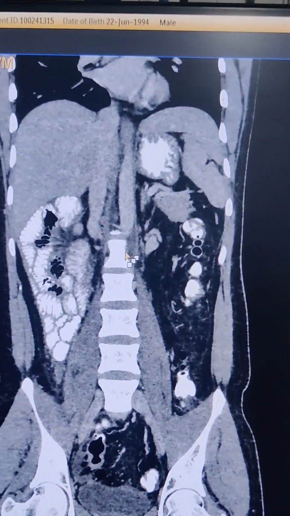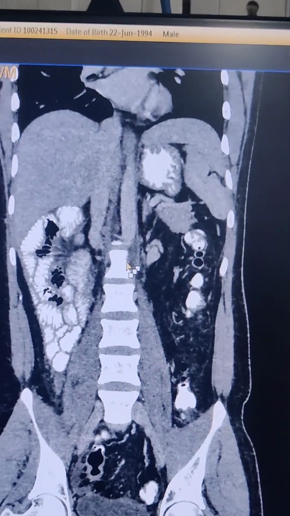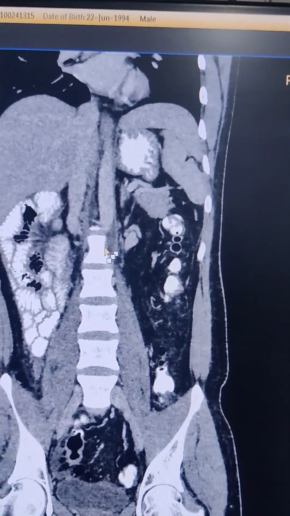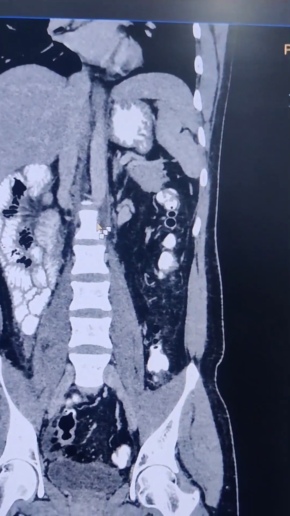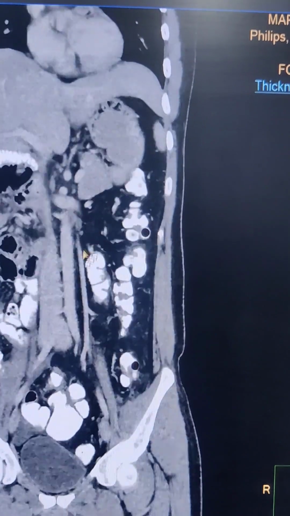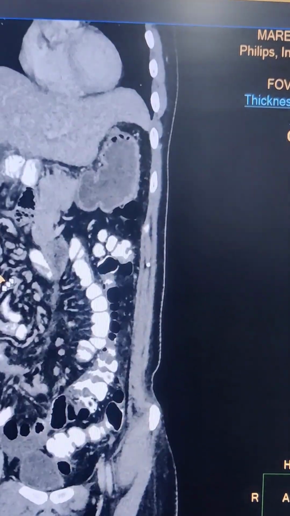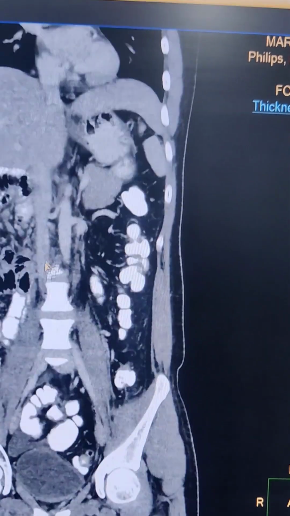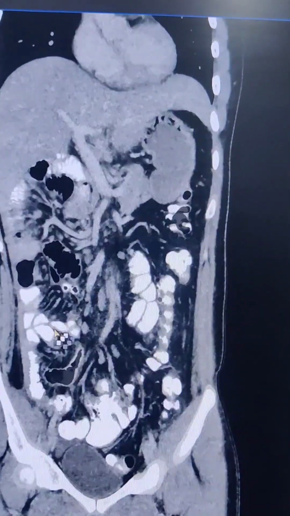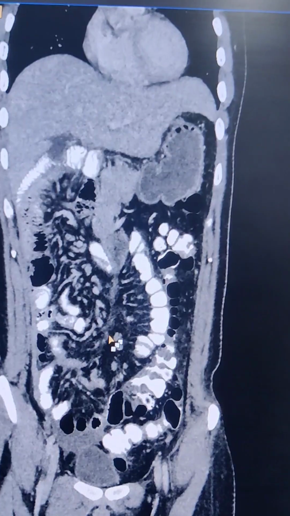Internal hernias are the condition where viscera protrude through the peritoneum or the fibrous bands of the peritoneum, like in these cases we have Ladd's band. If the bowel loops protrude through these peritoneal bands but stay inside the abdominal cavity, that is known as an internal hernia.